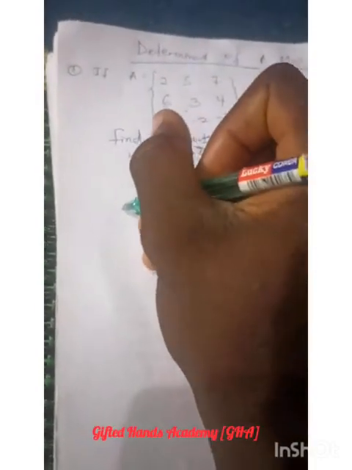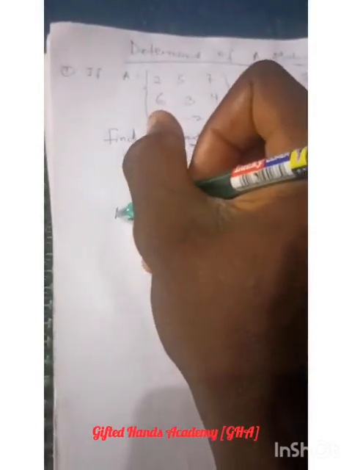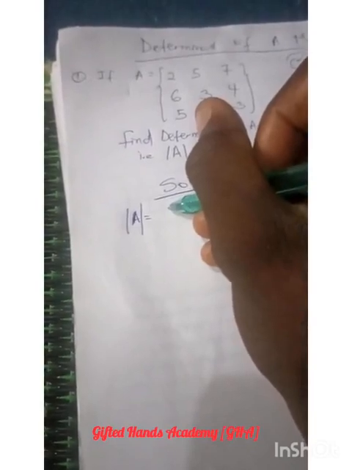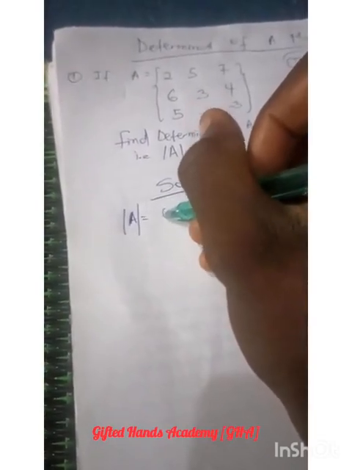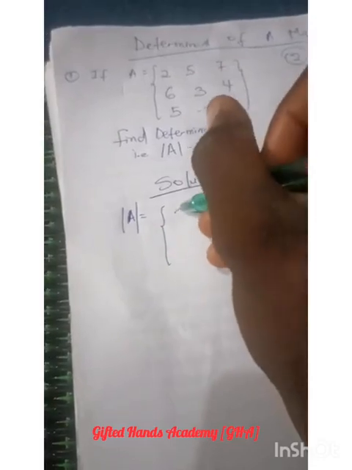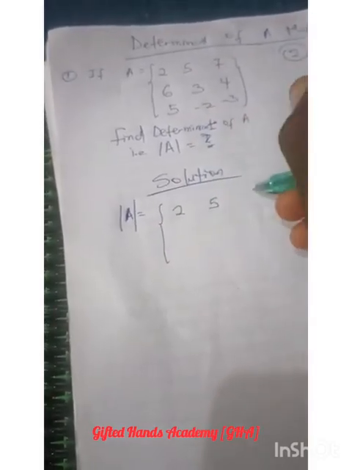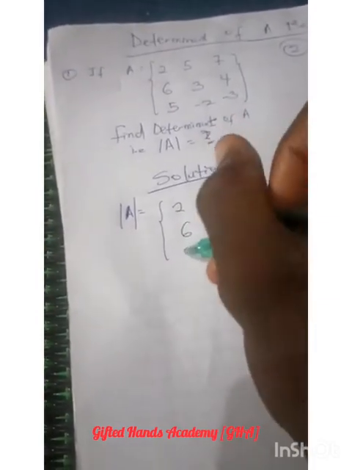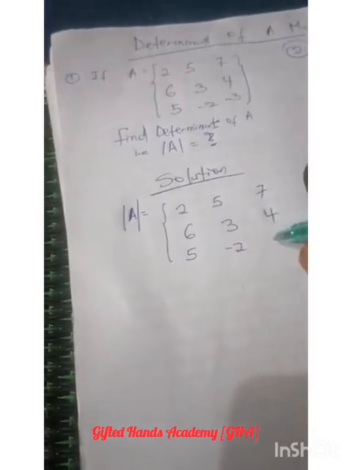So I have A, determinant of A is equal to, then I'll write out all the numbers first. I have 2, 5, 7, I have 6, 3, 4, I have 5, minus 2, minus 3.